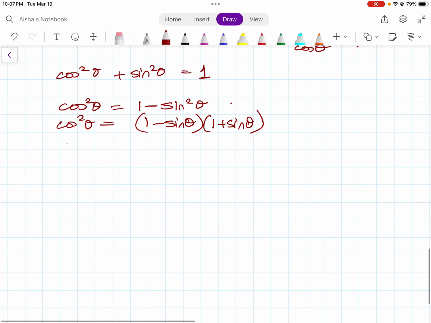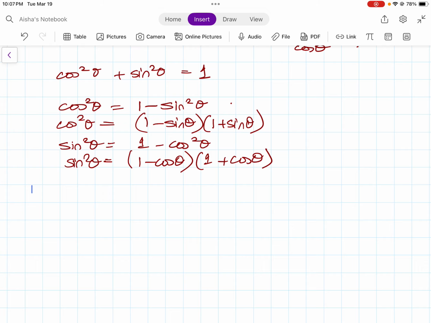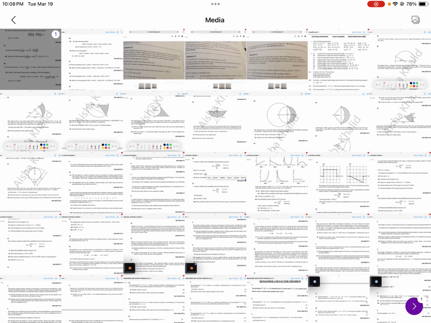This is one way of writing it. Then sin square theta is 1 minus cos square theta, which is 1 minus cos theta, and then 1 plus cos theta. Now let's see how to use these identities and how to solve the questions.